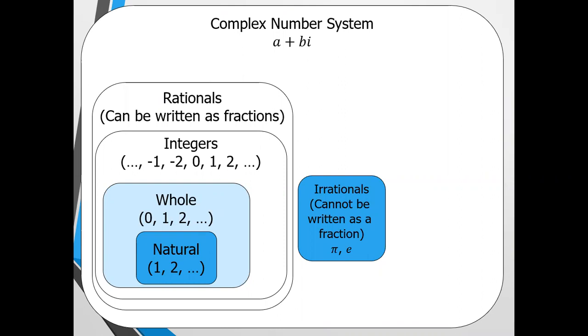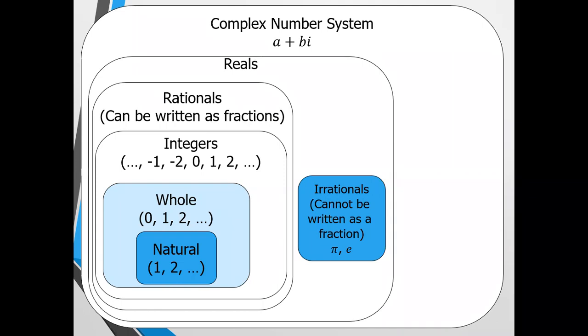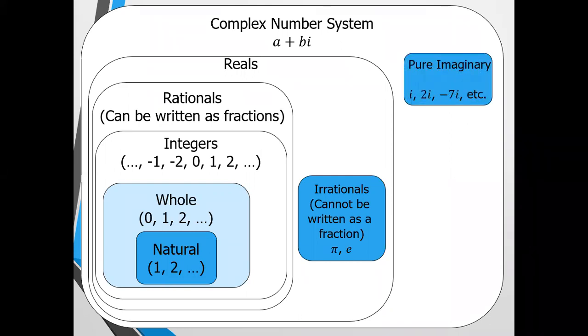An example is pi. 22/7, when you divide it, has a very long value. I think pi is the longest value that you can ever get. So we have real numbers. All these ones that we have discussed are real numbers. Then we have pure imaginary numbers.